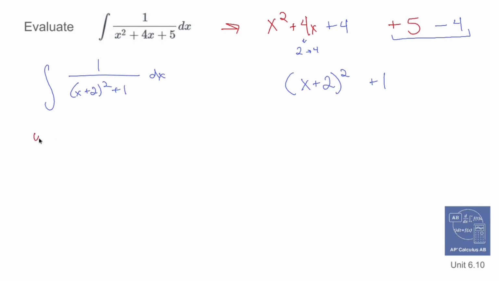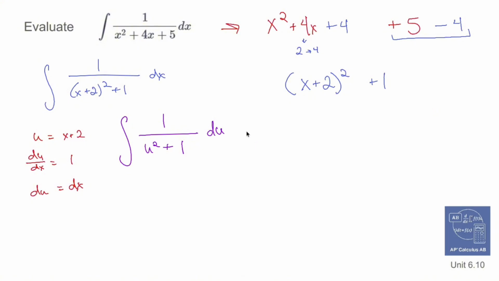So I'm going to let u equal x plus 2, which means du dx is going to equal 1, and du is going to equal dx. Now when I put this all together, I'll have the integral of 1 over u squared plus 1 du.